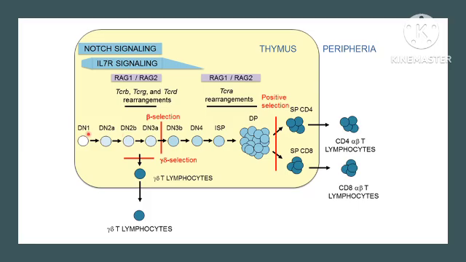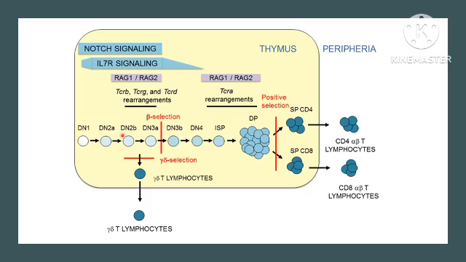They are subdivided into DN1, DN2A, 2B, 3A, 3B, and 4 based on cell surface expression. We are not going into detail about how these differ from each other. We are only focusing on the rearrangements which happen and the order in which they occur.